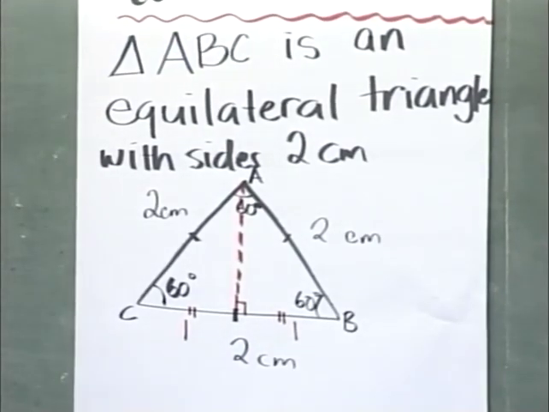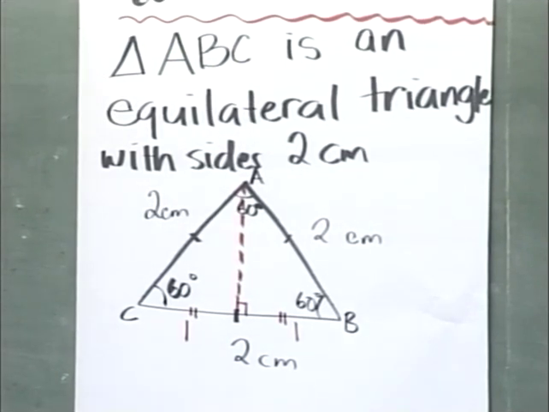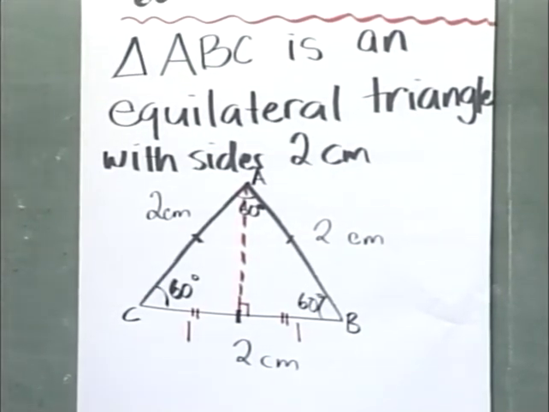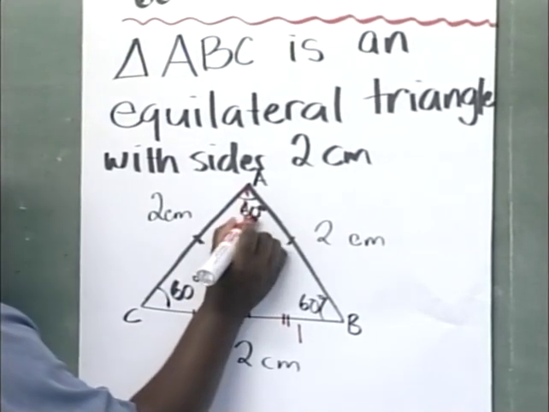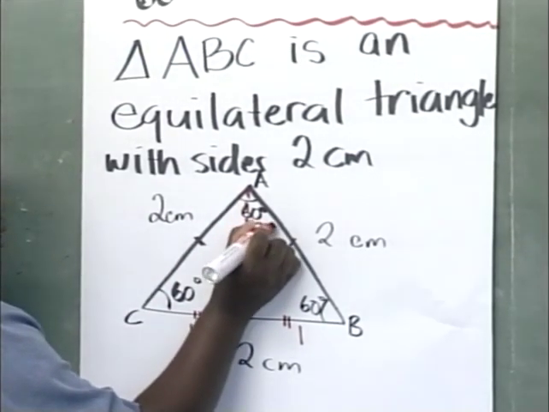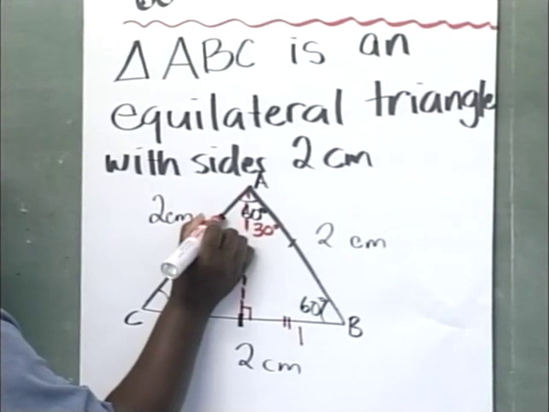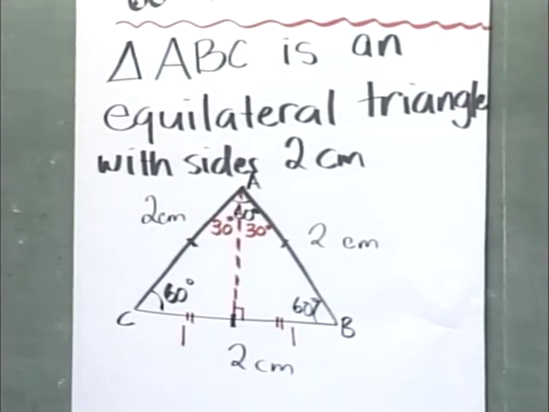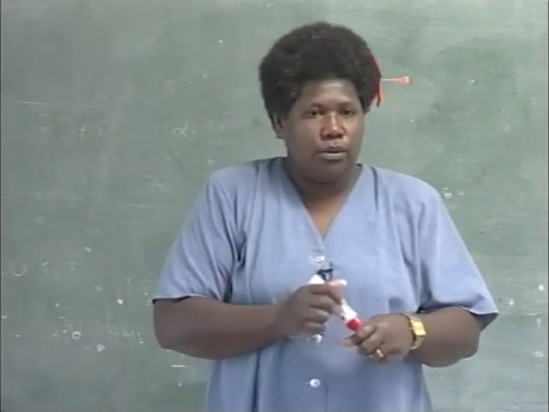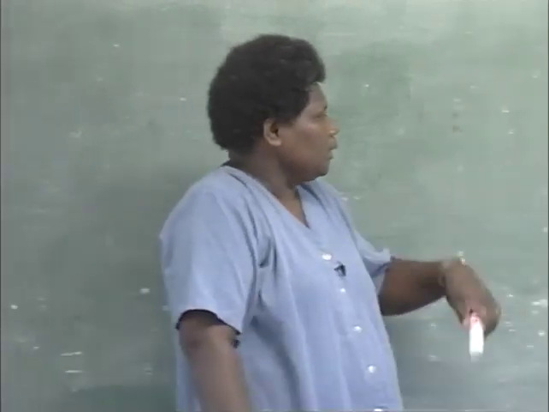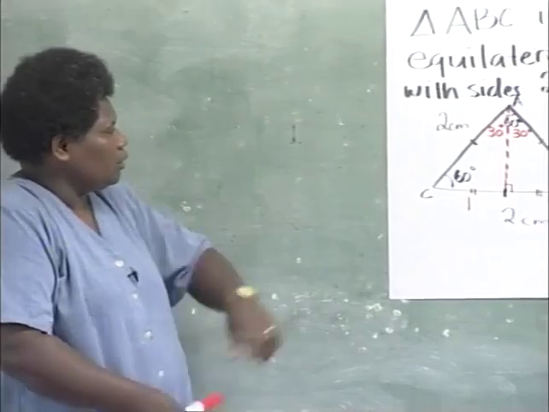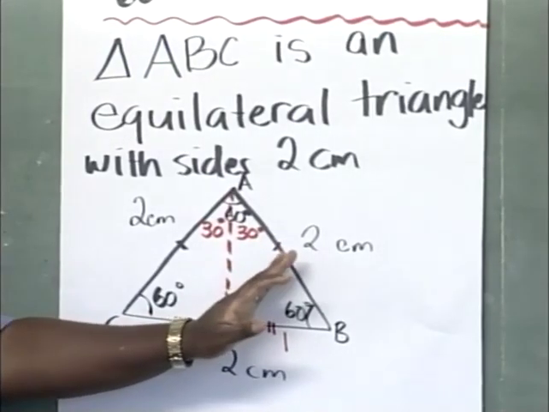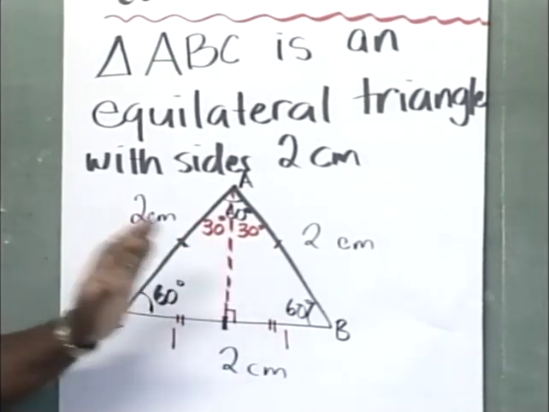The line will also bisect the angle 60 degrees. So this angle is now 30 degrees, and this one is also 30 degrees. Now, I want you to use Pythagoras Theorem. We are going to use one of the triangles. These two triangles are now exactly the same.